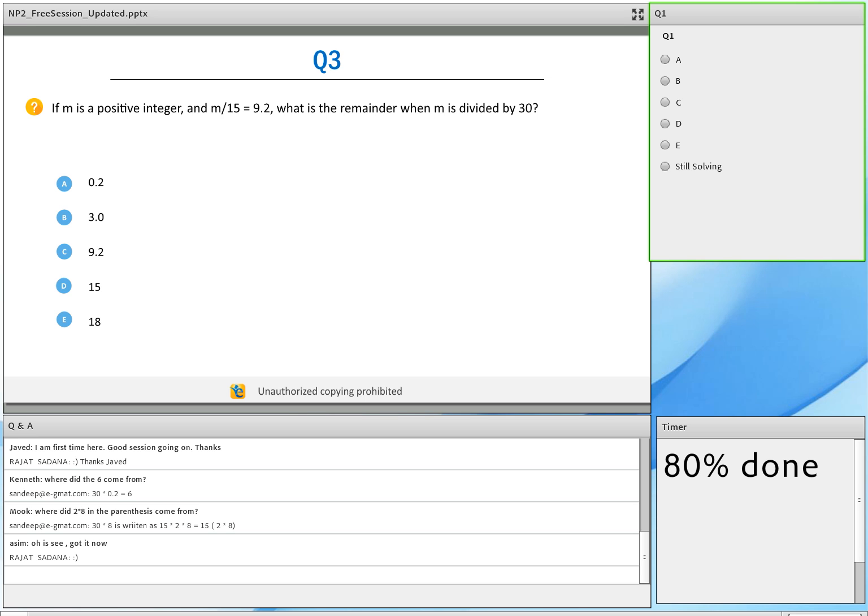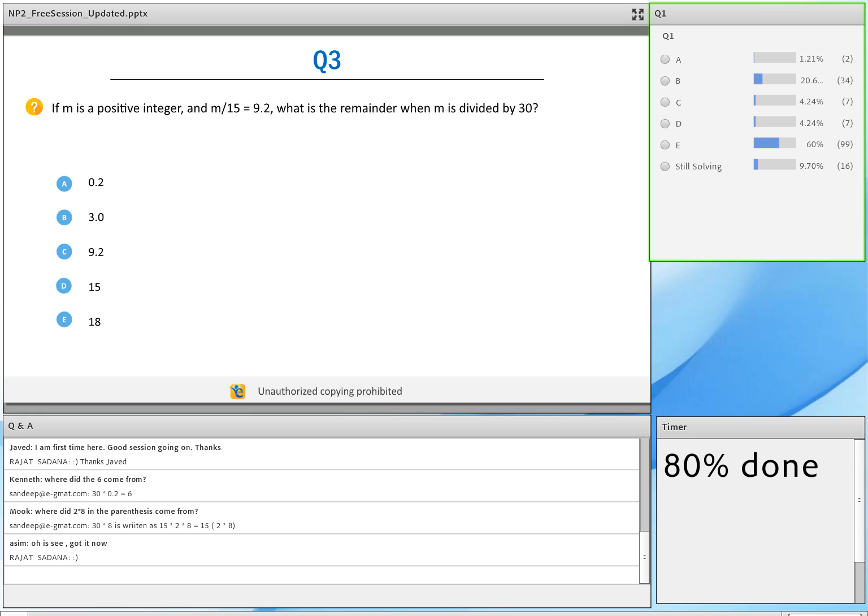Let's get those answers in. 5, 4, 3, 2, and 1. Let me end the poll. Broadcast the results. 60% of you got this right. The answer is 18, but many of you were also confused with 3.